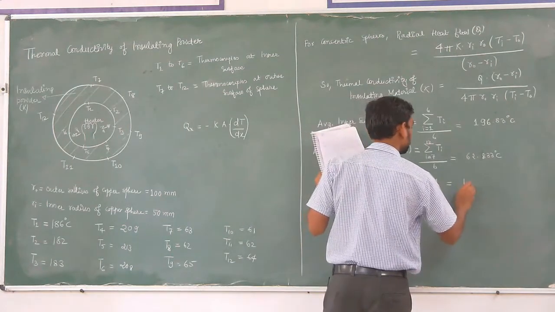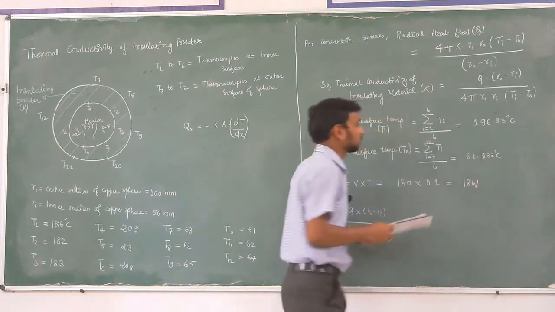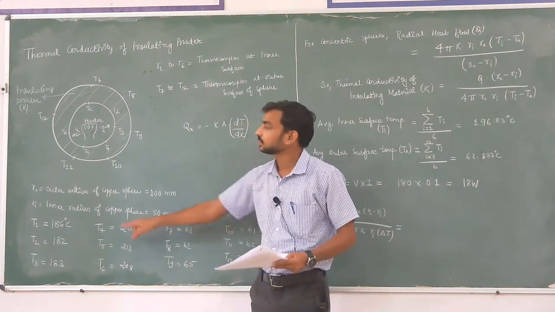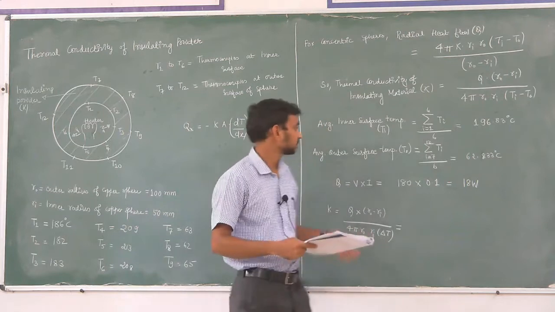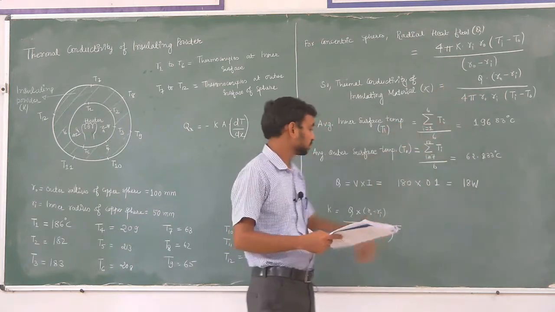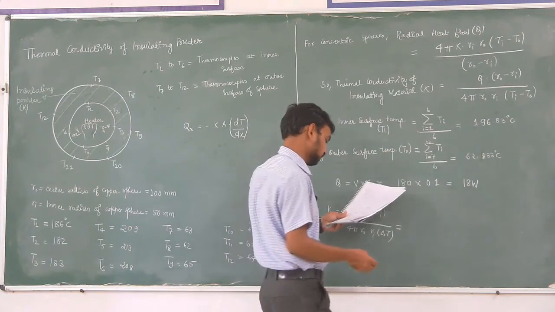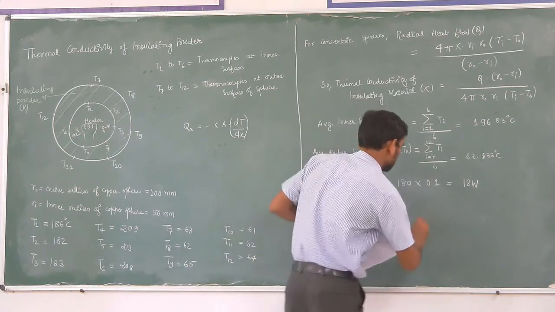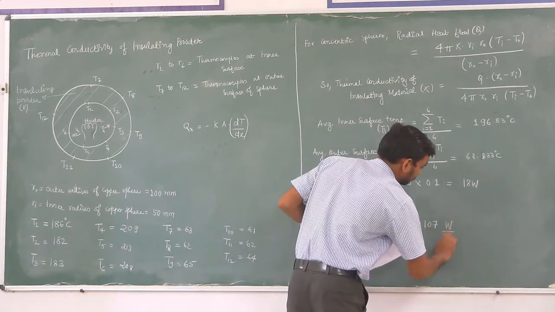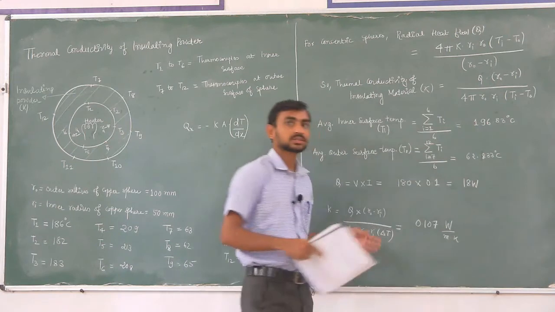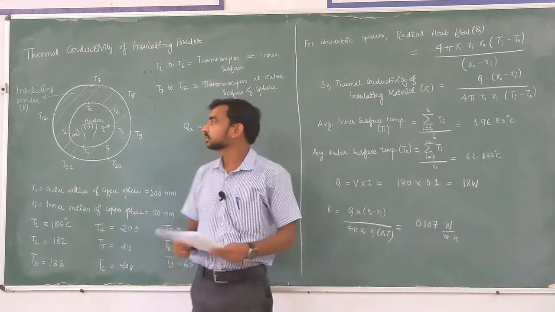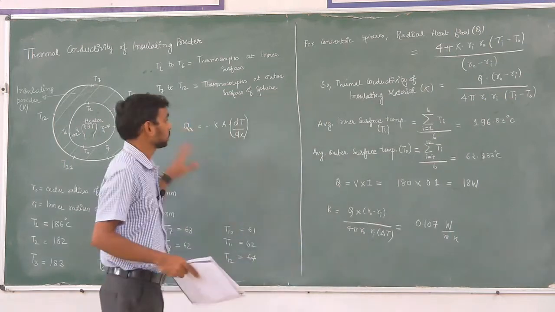So, it comes out to be 18 watt. At this power supply, these were the steady state temperature readings, and if we put all these values in this equation, we get 0.107 watt per meter Kelvin as the thermal conductivity of the insulating powder. So, this is how we calculate our thermal conductivity.